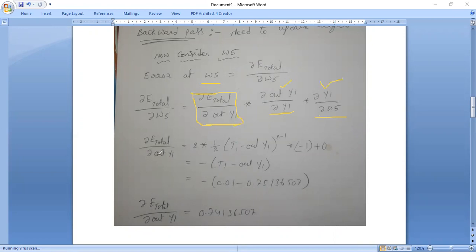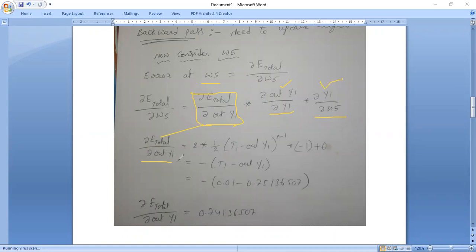What is the value for this first one, dou E total by dou out Y1? This is the formula: 2 into 1 by 2 of (T1 minus output of Y1) to the power of 2 minus 1, into minus 1, plus 0.